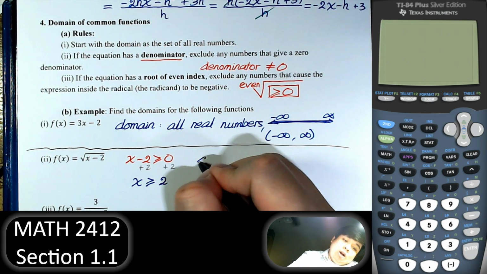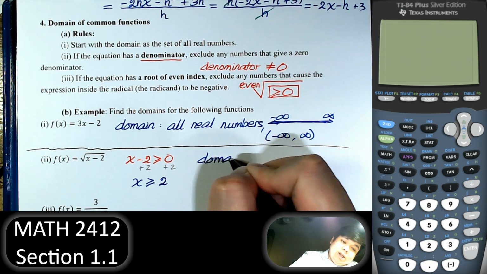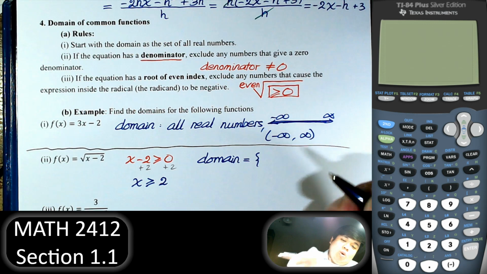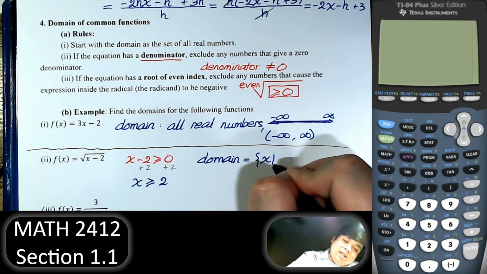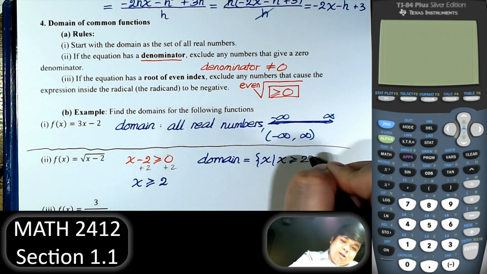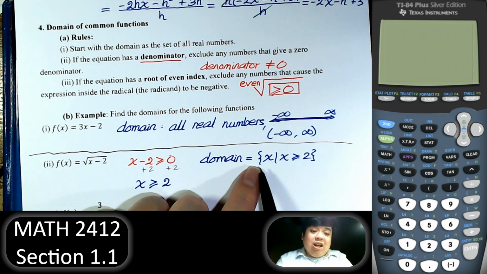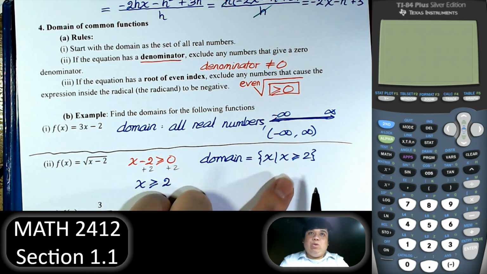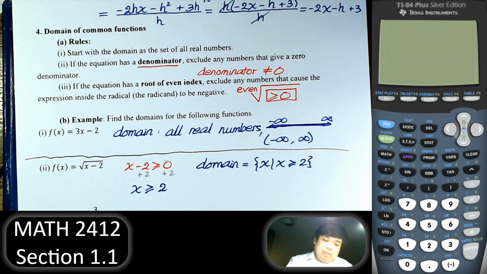Now, if we want to write the domain, we can write just like this. If we want to be more precise, we say x such that x greater than or equal to 2. So this means the set of all the x such that x is greater than or equal to 2. So that we write the domain like that.